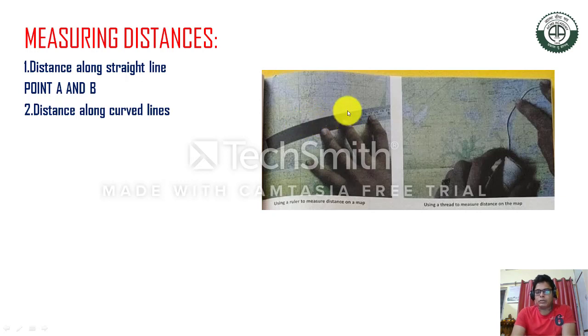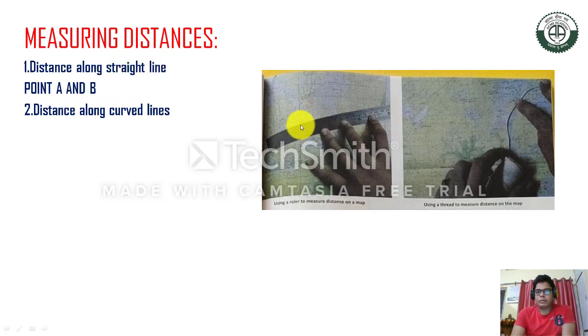Then you just multiply 50,000 into 6, which is equal to 3 lakhs, so 3 lakh centimeters, which means 30 kilometers. So the distance between A and B is 30 kilometers. This is the case of a straight line.